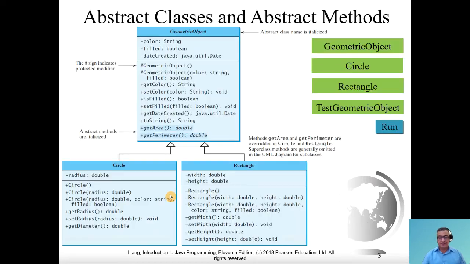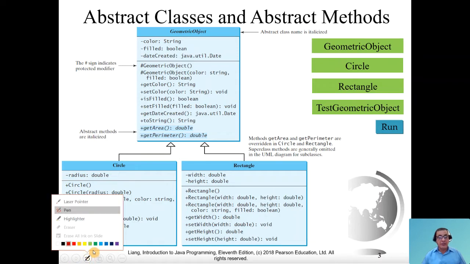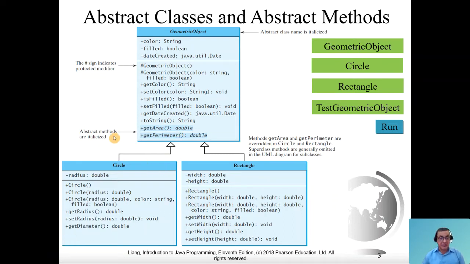All right. First of all, it's very important to understand what an abstract class is. An abstract class is a class that has at least one abstract method. Now the question is, what does an abstract method mean? In UML, an abstract method usually appears in italics. Here you can see this is an abstract class.